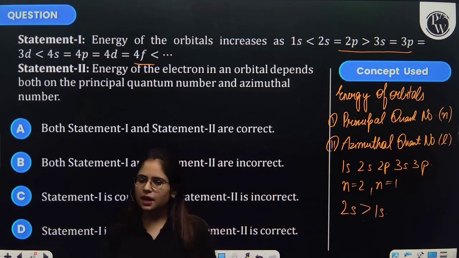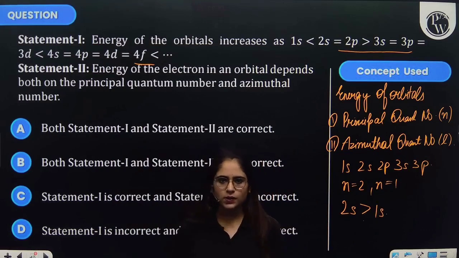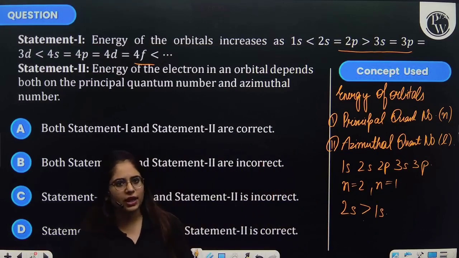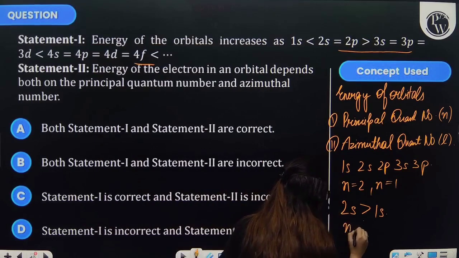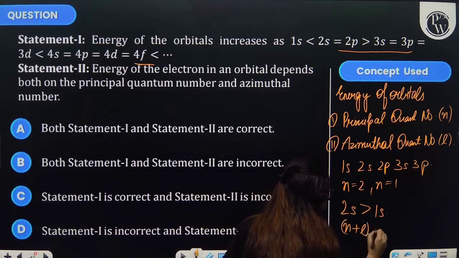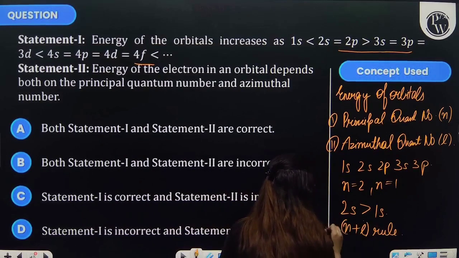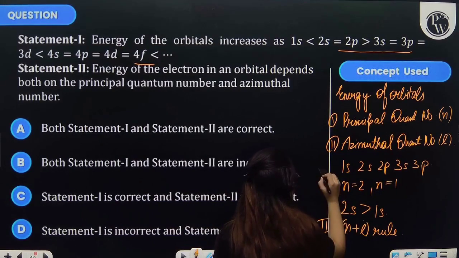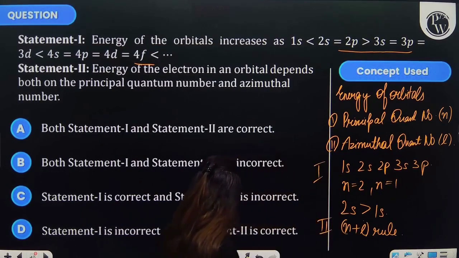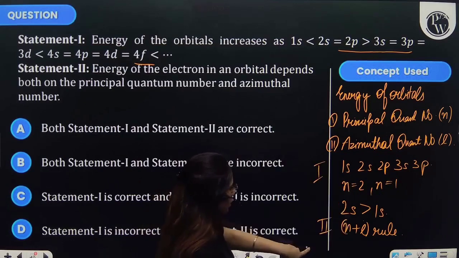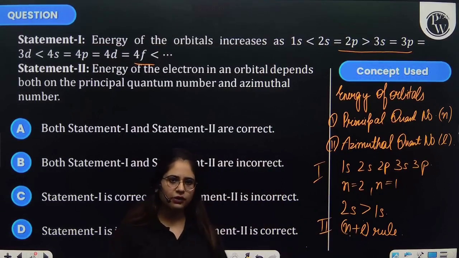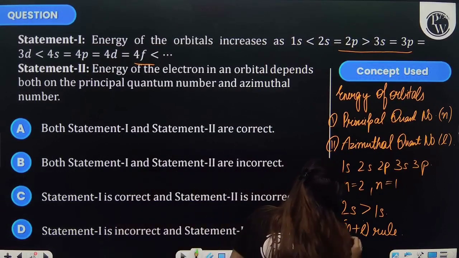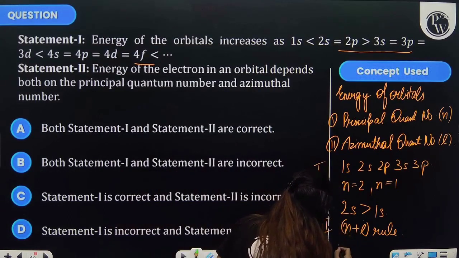But in case अगर हमारी दोनों ही n की वैल्यू सेम है and the value of L is different, in that case you have to follow the n plus L rule. जिसकी वैल्यू ज्यादा होगी n plus L करके, that will be your more energy orbital.